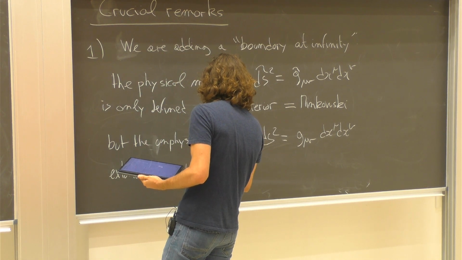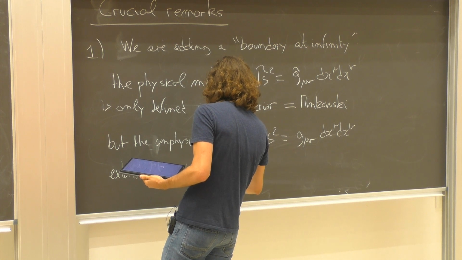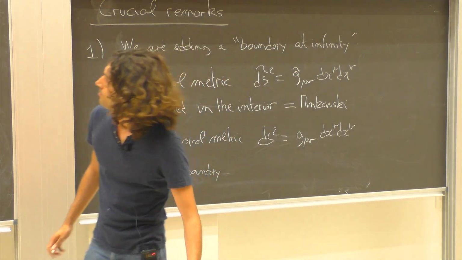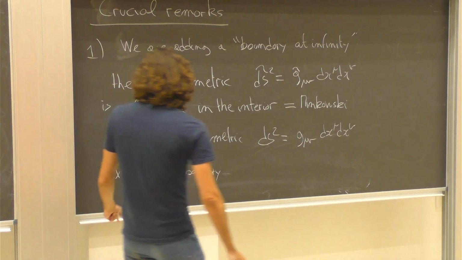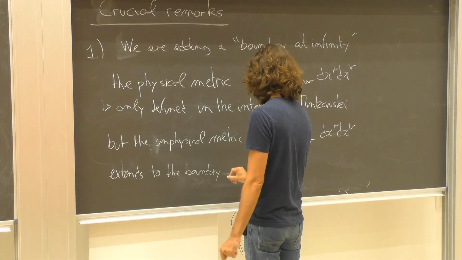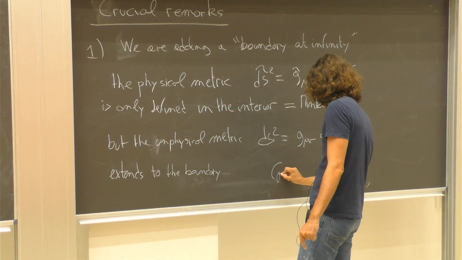Minkowski space itself diverges as you reach the boundary, which better be because the boundary is at infinity, so the distance needs to diverge. But the conformal metric, meaning the metric understood up to scale, is finite. So this is the notion of conformal compactification.